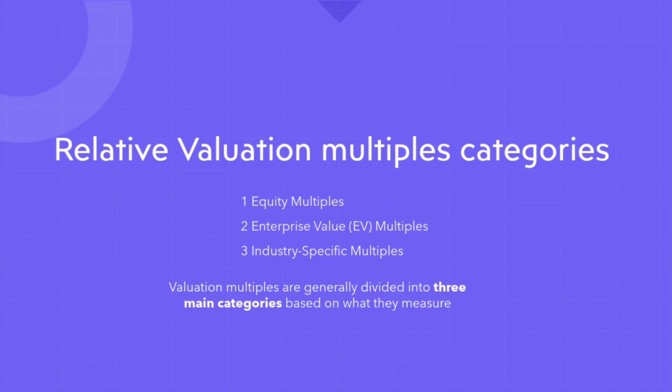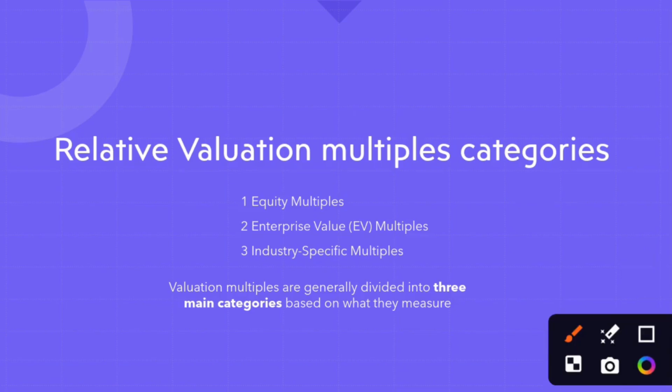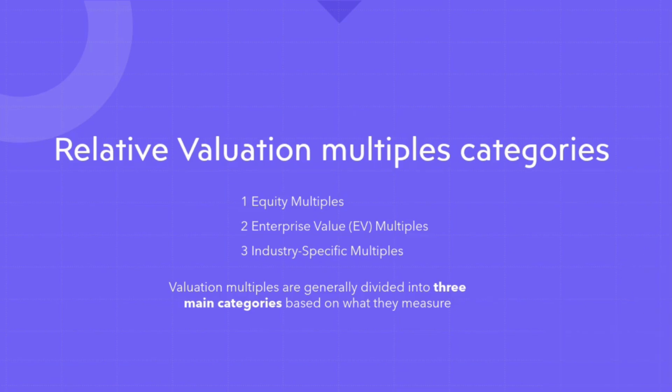Industry specific multiples are specific to an industry, like in telecom it is enterprise value by subscriptions. In media also it is the same. In oil it is enterprise value by barrel of oil. And in real estate and asset companies, it is enterprise value by NPV.